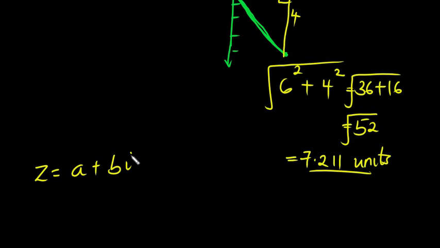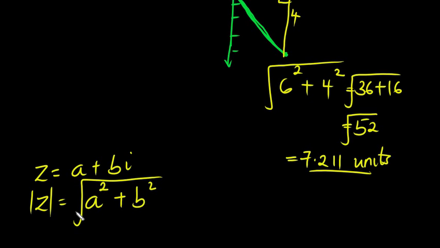So that's the general formula of a complex number. So to find the modulus, we just take a squared and then plus b squared, and then you find the square root. So that is going to be the modulus of our complex number.